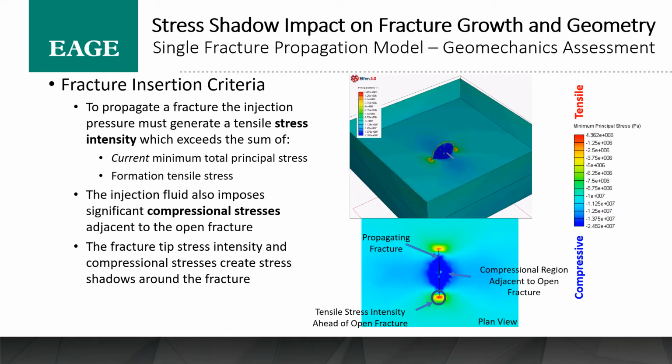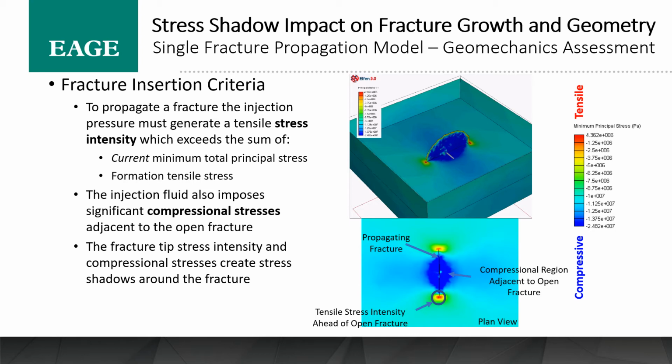So within the modelling, when geomechanics is taken into account, there are certain criteria that are required for the fracture to be inserted and to propagate. First of all, it must generate a tensile stress intensity at the tip of the fracture, converting from its natural compressive state to a tensile state, and therefore overcome the formation tensile strength.